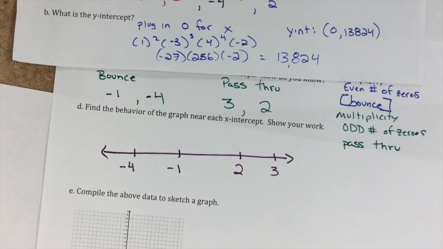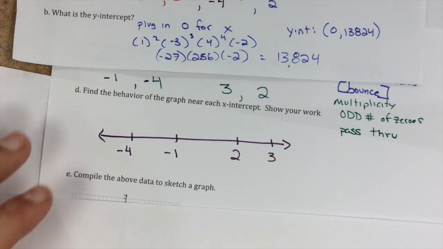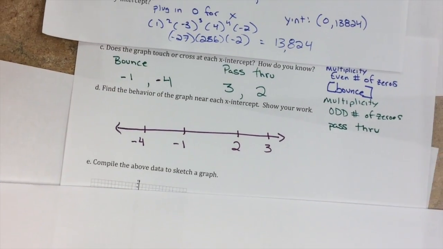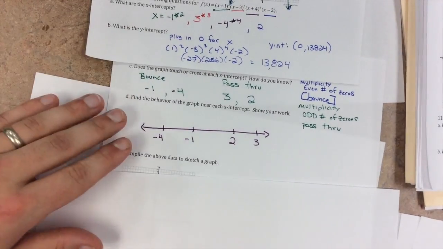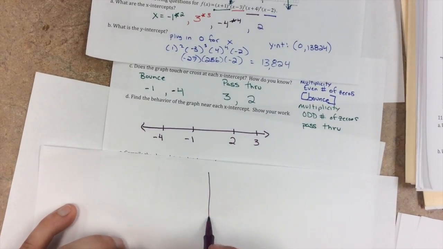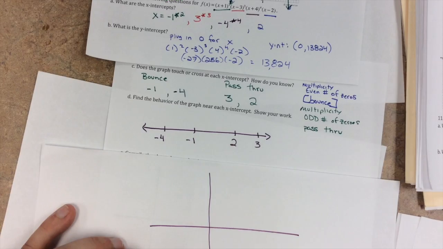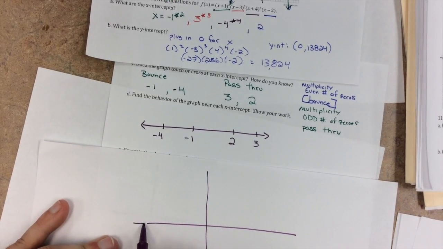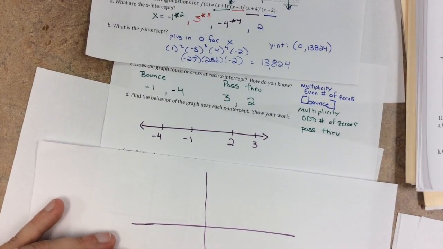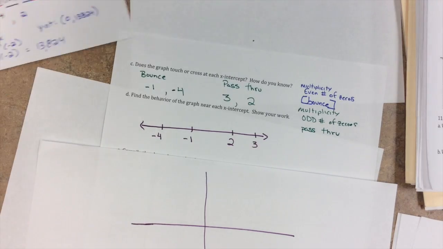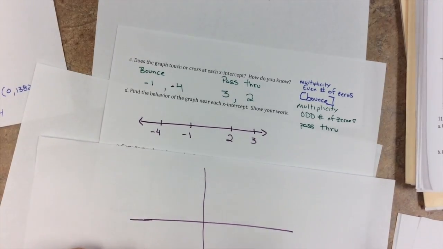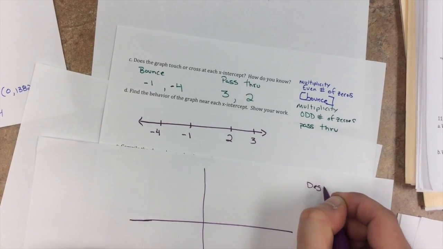Likewise, we can look at this as a graph. So let me zoom out just a little bit and draw you a graph. We know from examination of our polynomial that this function is of degree 10.